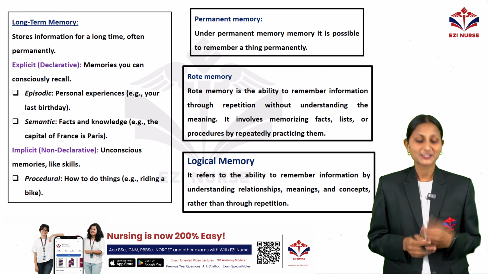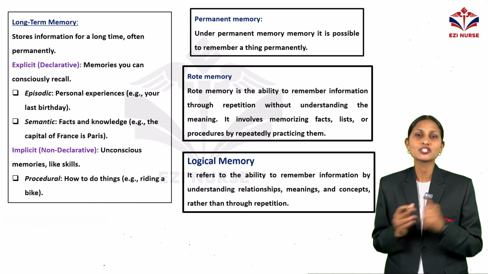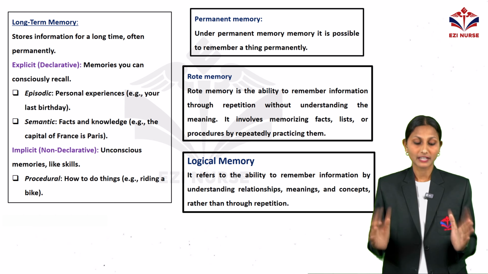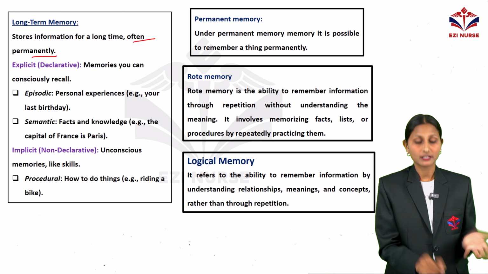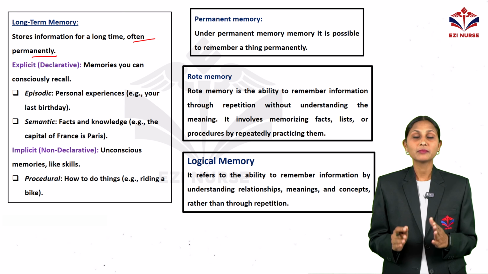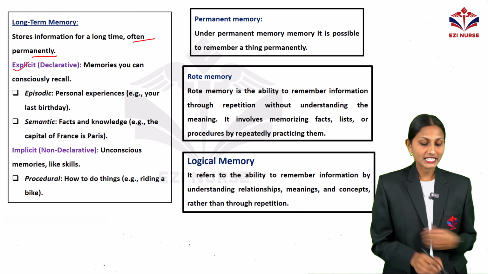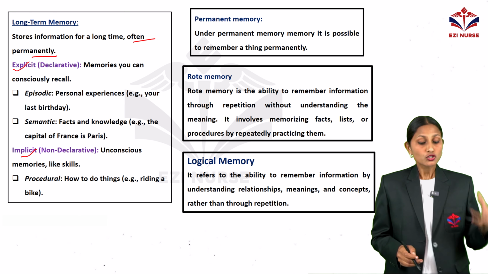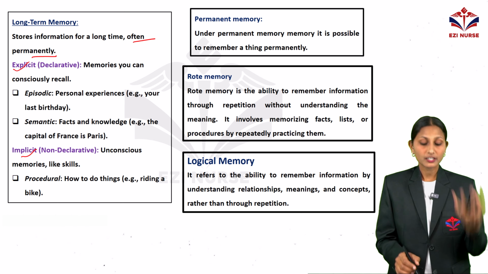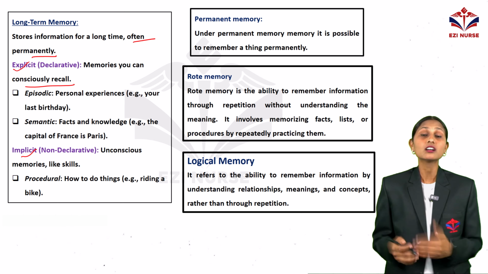Next, we will discuss long-term memory. Long-term memory stores information in your mind for a long period of time, often permanently. Long-term memory has two types: explicit memory and implicit memory. Explicit memory uses conscious recall, meaning you consciously try to recall something.